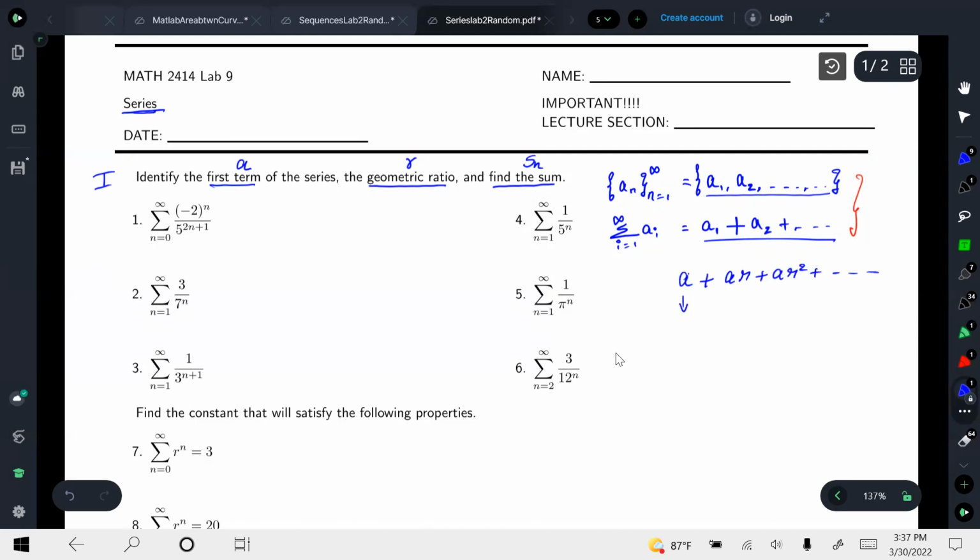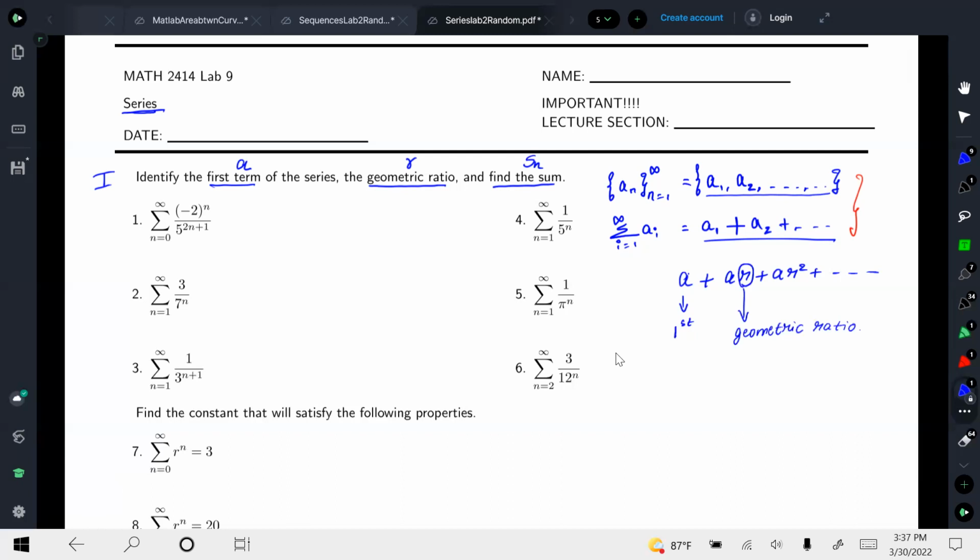This is the first term in the geometric series, and r here is called the geometric ratio. So we need to find the first term, geometric ratio, and the total sum of that series.